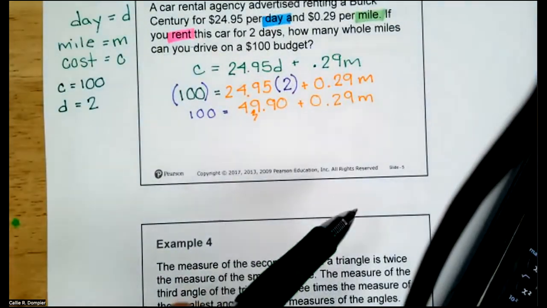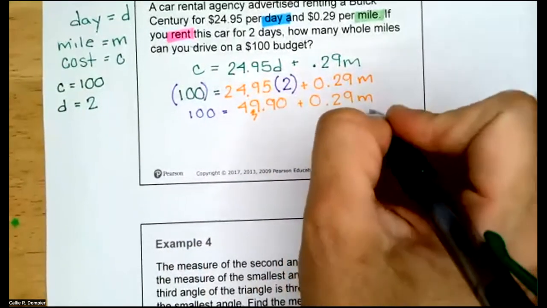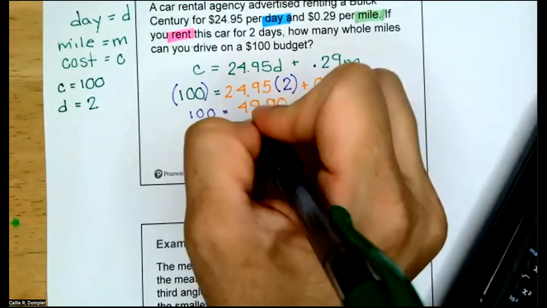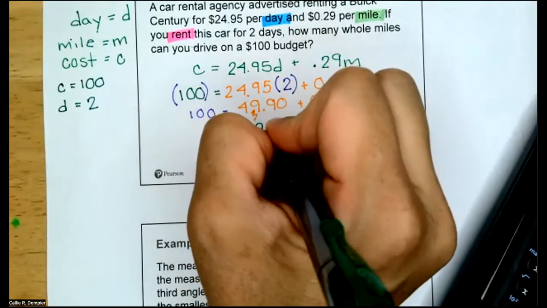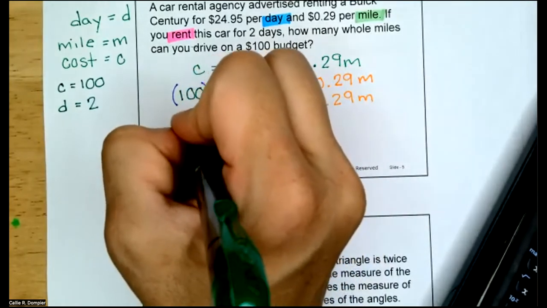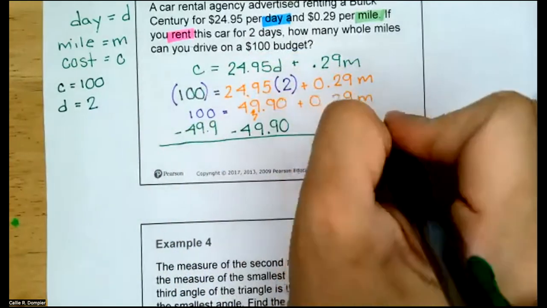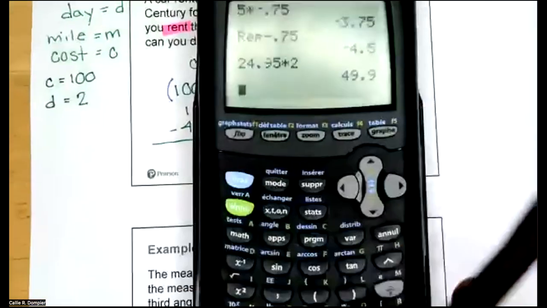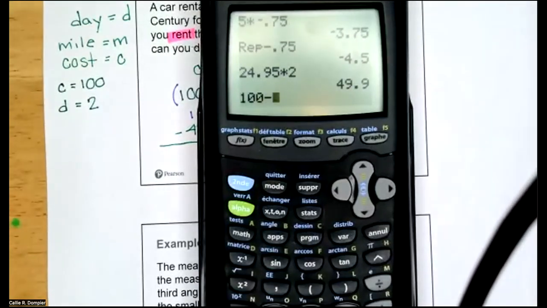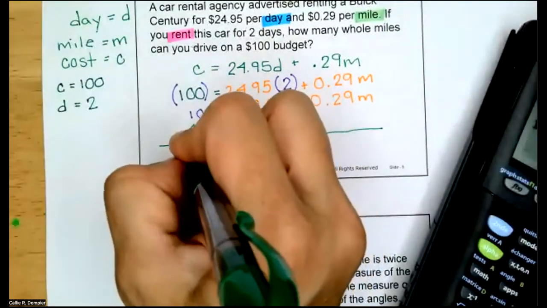Good. Now I want my variables on one side, constants on the other. Since my only variable is M and it's already over here, I'm just going to move the 49.9 over here. It does not matter which direction you move things. So that cancels that. 100 minus 49.9 is 50.1 or $50.10.